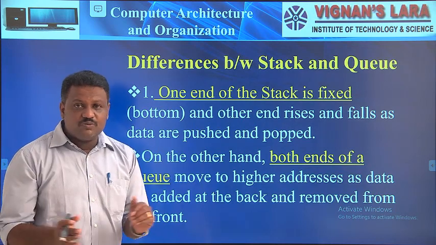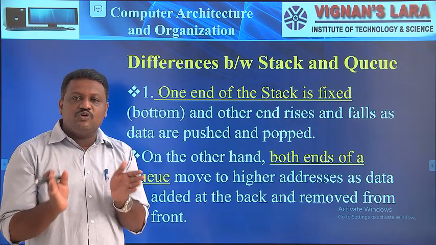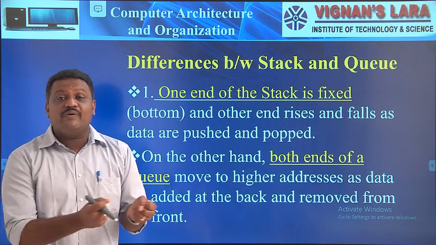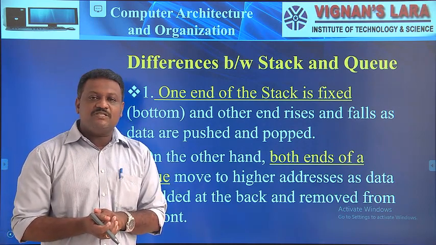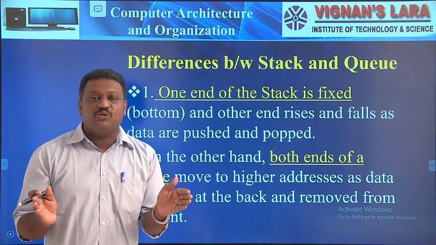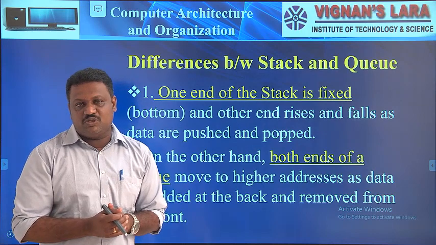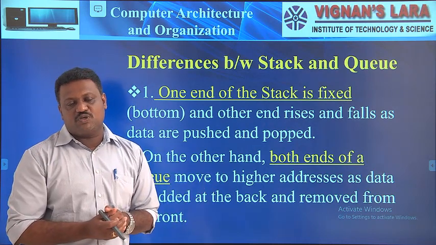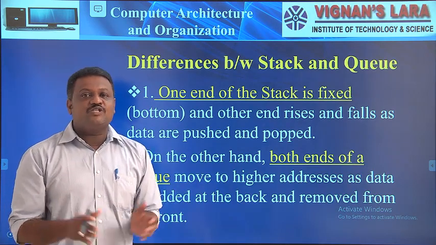So what about a queue? The queue case is completely different. In a queue, at one end we are adding data elements, and at the other end we are retrieving data elements from the queue. That means both ends of the queue are active. What happens in the case of a stack?